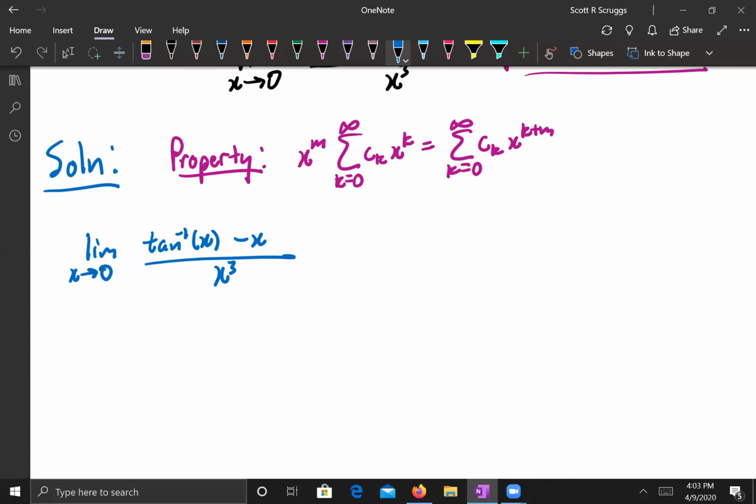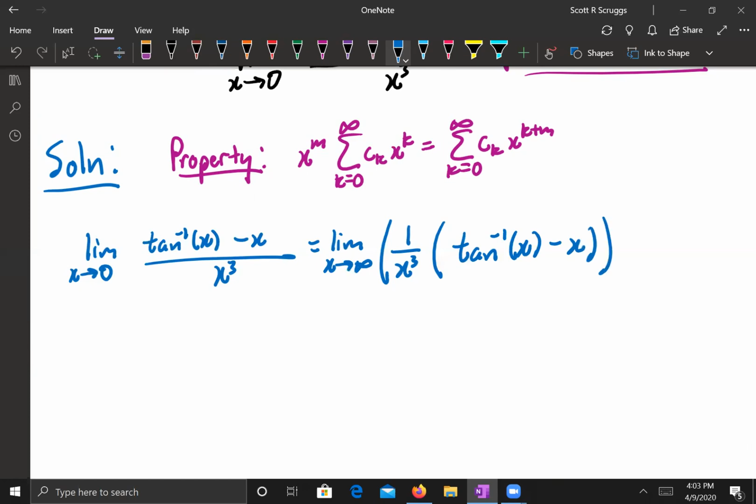And the only one that I know of initially is the arctan. Because that x cubed is in the denominator, for presentation, what I'm going to do is move that 1 over x cubed up front and have the arctan of x minus x. And that's mainly for what I'm about to do, so that we don't have to write super small.